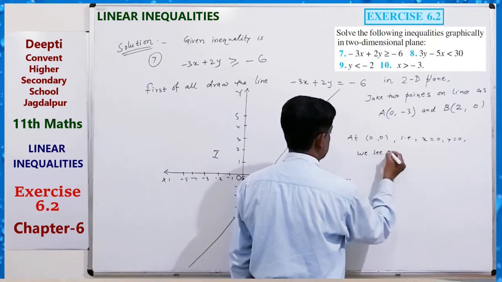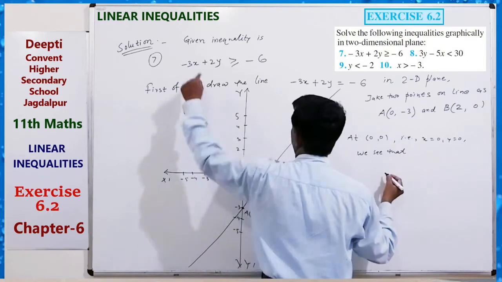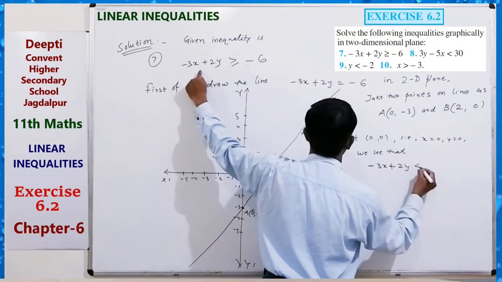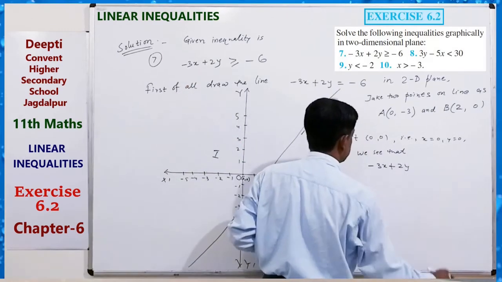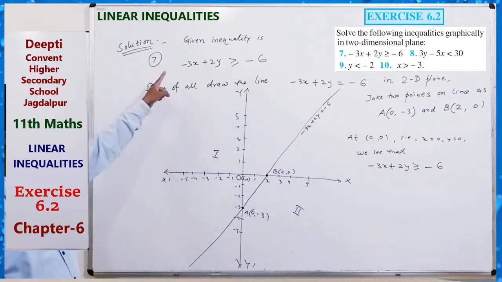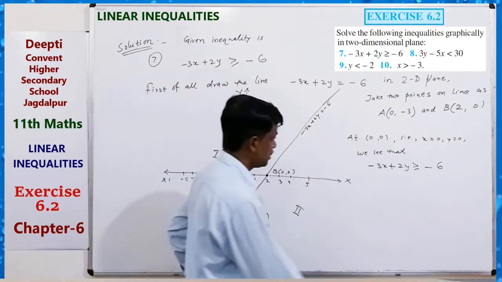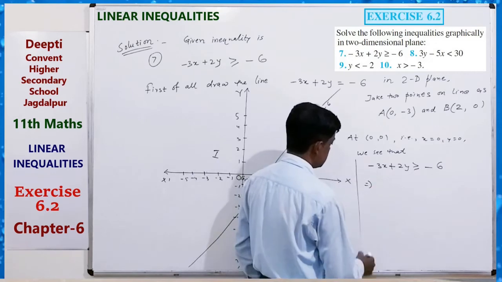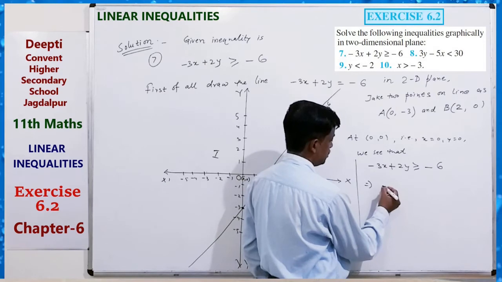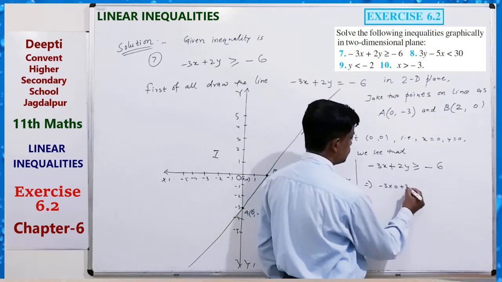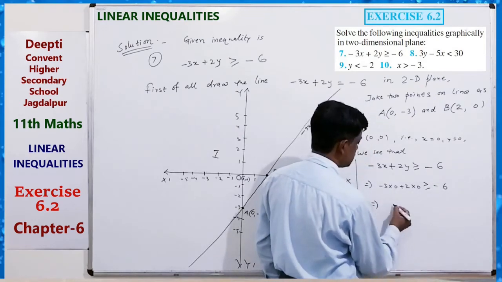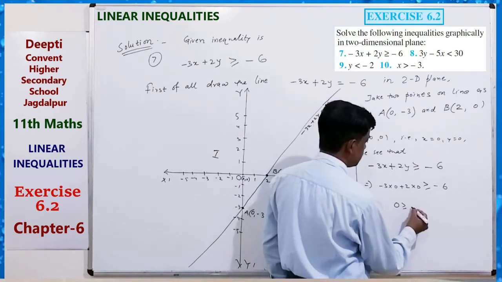We see that the inequality is minus 3x plus 2y is greater than or equal to minus 6. Putting in 0 for both: minus 3 into 0 plus 2 into 0 is greater than or equal to minus 6, which implies 0 is greater than or equal to minus 6.